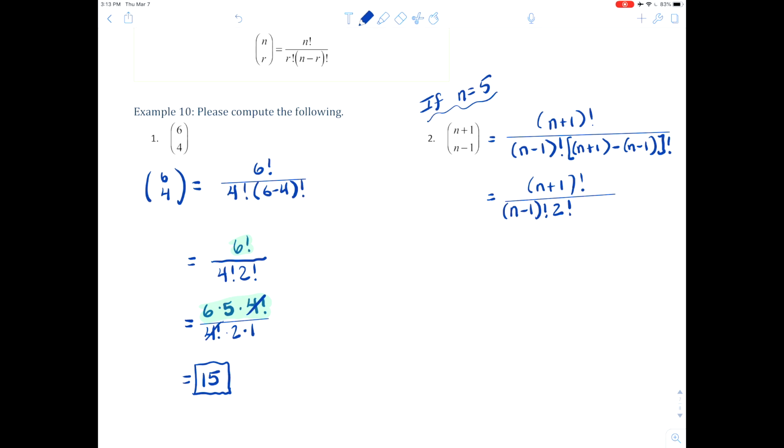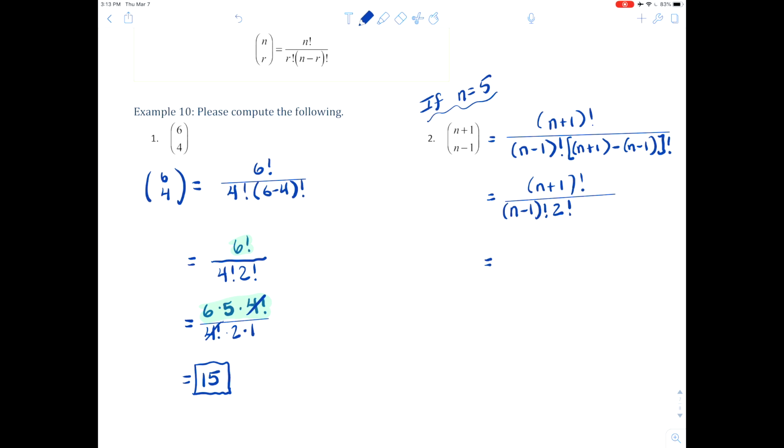All right, so now you want to switch around the larger factorial, okay? So n minus 1 factorial is the smaller one. So we're going to leave that alone, but we want to rewrite n plus 1 factorial so that we can have an n minus 1 factorial in it so we can divide out the n minus 1 factorial.